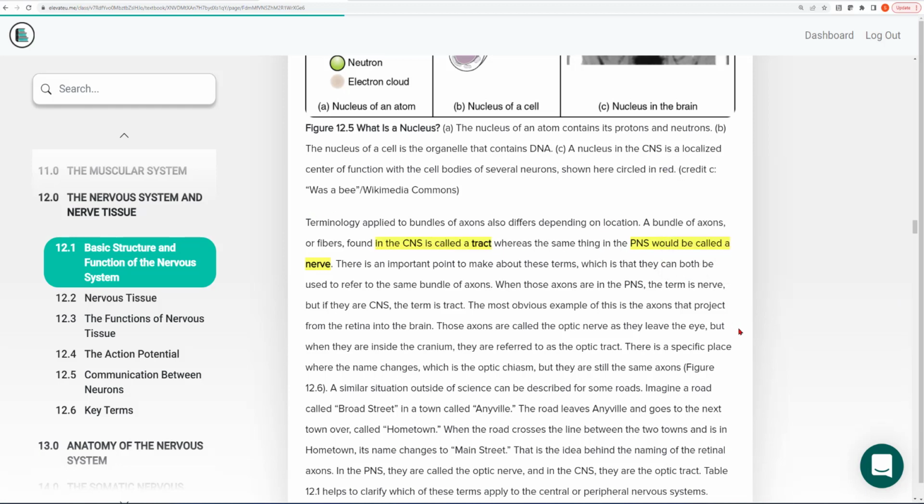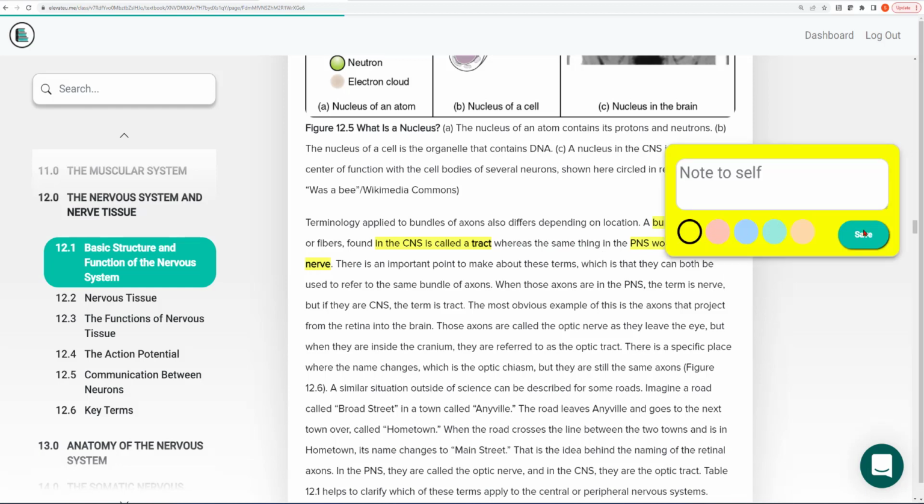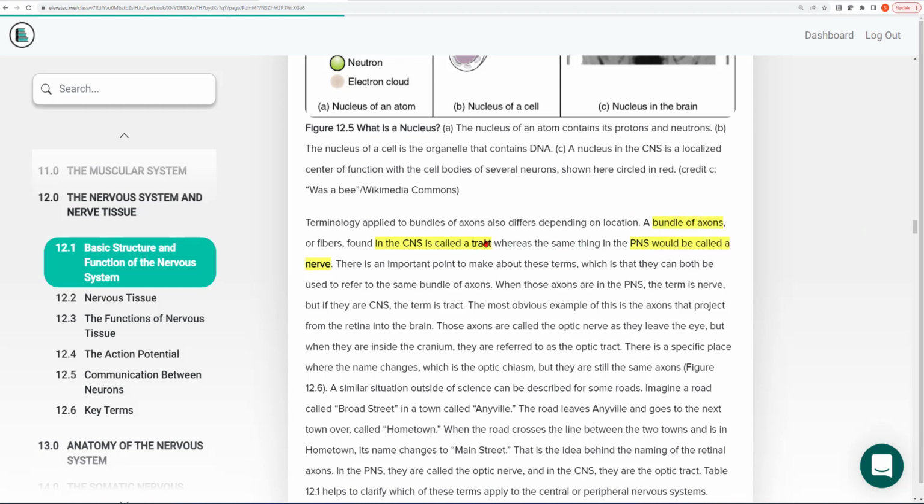Remember I told you a moment ago there are no nerves inside the brain? Instead, we call it a tract. So what is a tract, or what is a nerve? It is a bundle of axons. A bundle of axons in the CNS is a tract. A bundle of axons traveling through the PNS is instead called a nerve.